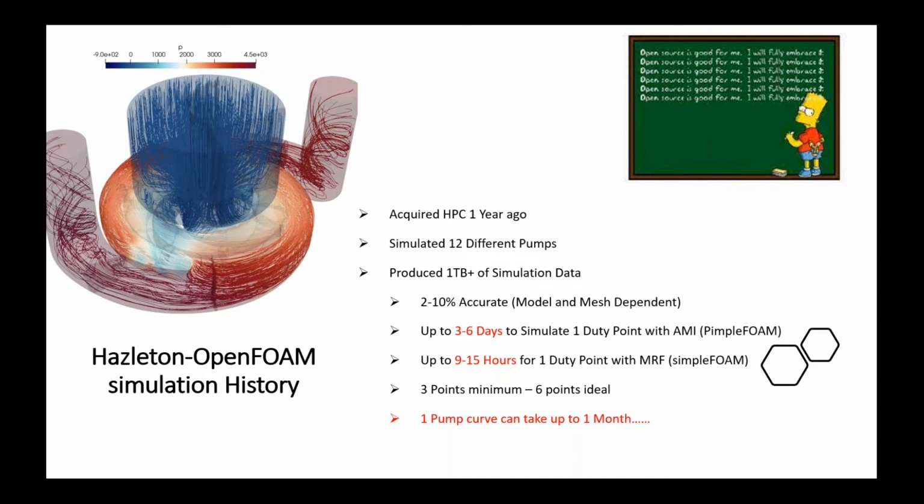Obviously, to plot a pump curve, you need at least 3 points, and ideally you want 6 points or more. And sometimes generating that pump curve can take up to a month, right?